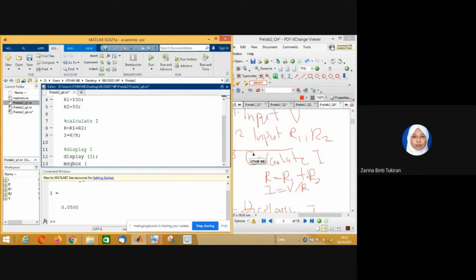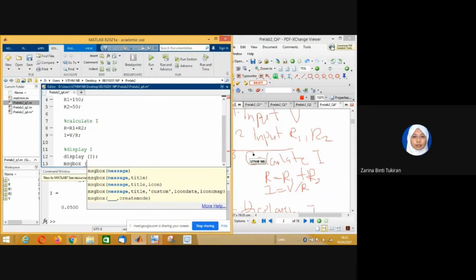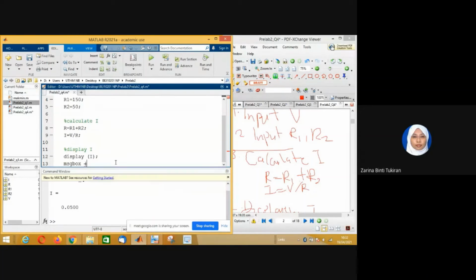I think, I don't know how, but over there it states that you need to use the title here. The syntax. Yang ni kena explore sikit lah. Saya tak explore yang ni. Kita tengok. Salah. Saya punya syntax salah yang ni. Okay. Kalau saya dapat yang the correct one, I will show to you how we can display it by using message box. Okay. Kalau ada yang dah dapat.